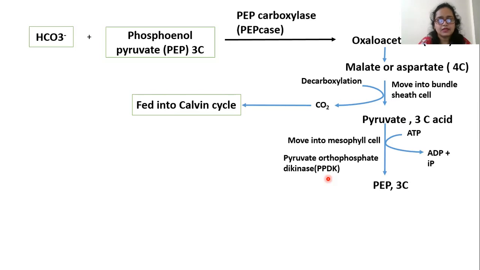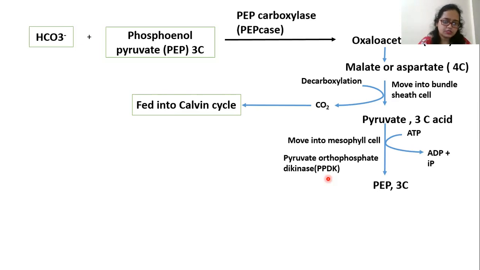The other thing is that the RuBisCO enzyme, in the case of C3 plants, is present in the mesophyll cells, where it carries out the C3 cycle. While in the case of the C4 plants, we have seen that the Calvin cycle occurs in the bundle sheath cells, not in the mesophyll cells.